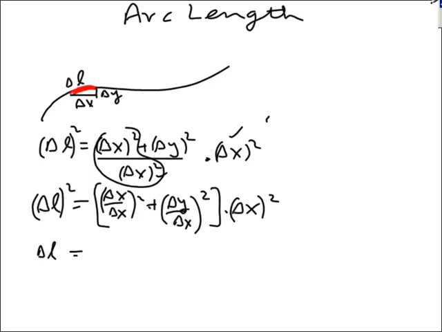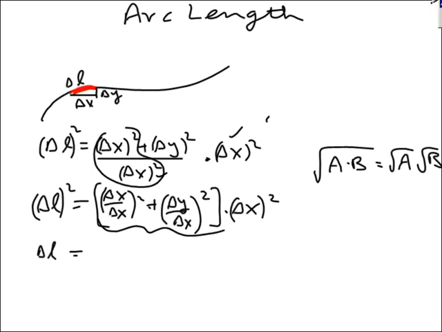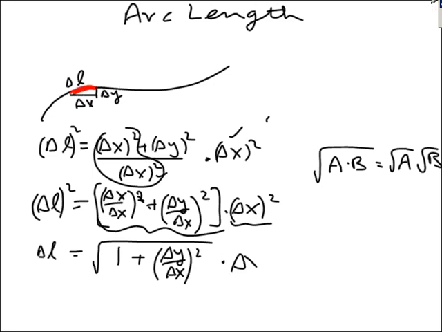Now remember, if you have a product like A times B and you take the square root, you can take the square root of A and B separately and then multiply. Here's my A, here's my B. I get the square root of, of course, delta x over delta x is 1, and when you square it, it's still 1, plus delta y over delta x all squared, times delta x.